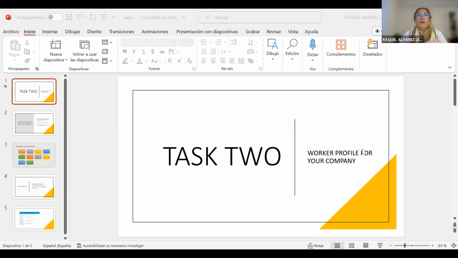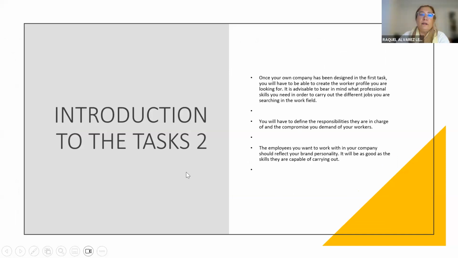Perhaps if you don't have a very big business, you are going to need, let's suppose, 5 different worker profiles, or you are going to need 2 main worker profiles, okay? So this has to do with the kind of company you have, okay? So we are going to begin with the introduction of the second task.